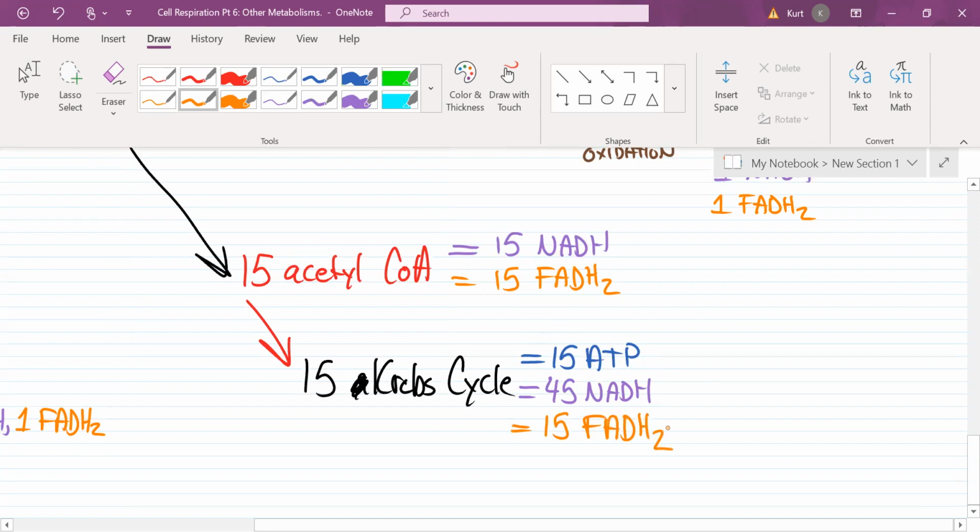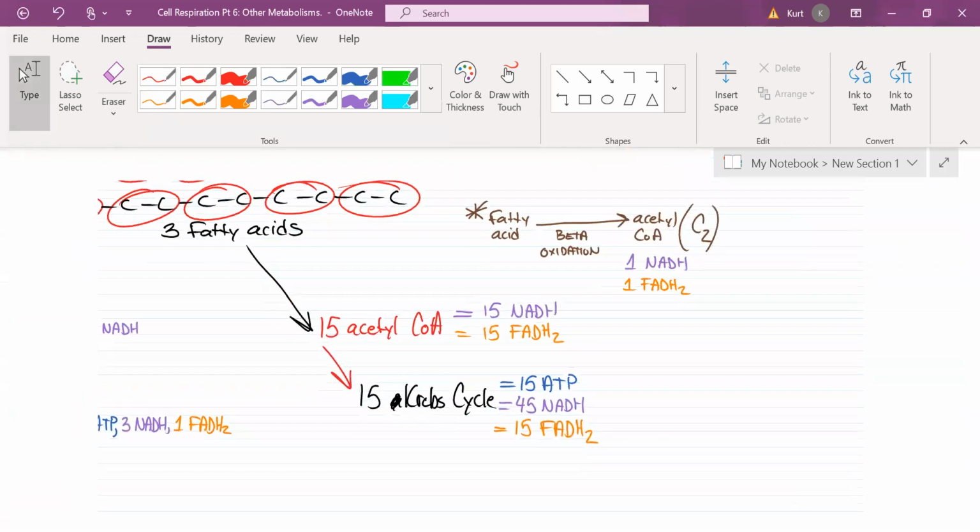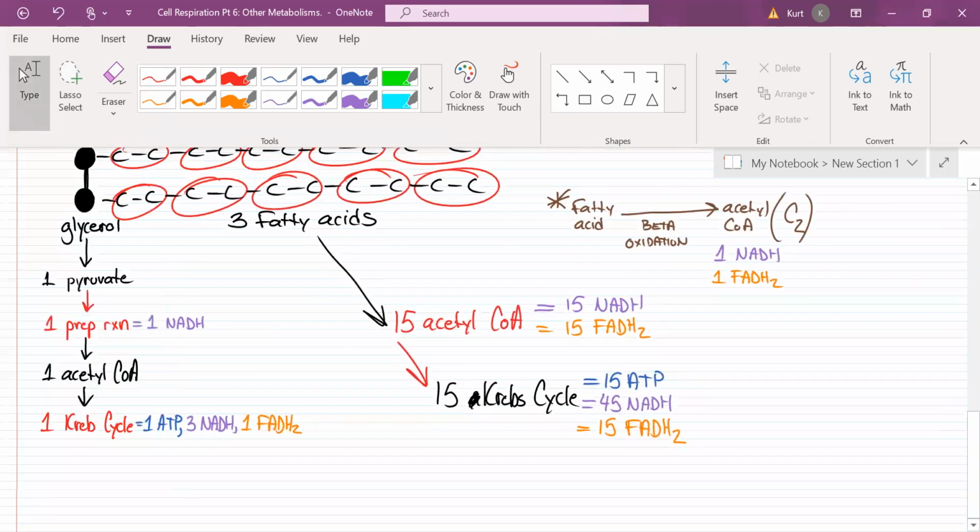All right. So now that we have all of that, let's collect it all. Let's do a final head count and send it over to the electron transport chain, okay? So let's count up all of our NADH, all of it. 1, 2, 3, 4, 15, and 45. So what is 15 plus 45? 60. 60 plus 4 is 64.